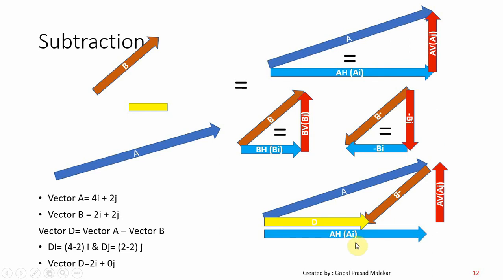Essentially, now this is the horizontal component, this is the vertical component of A. Take a look at the horizontal and vertical component of B. So this is the horizontal component of B and this is the vertical component of B. Both these are equal to each other, and that's why they are cancelling. And essentially what will result is just the component in this direction. That's what is giving you just the horizontal, and this AI minus BI will give you this final vector D, which will have just the I component and 0 j component.